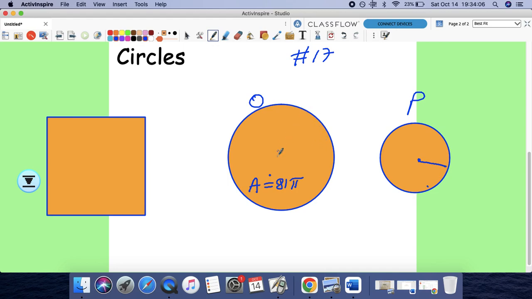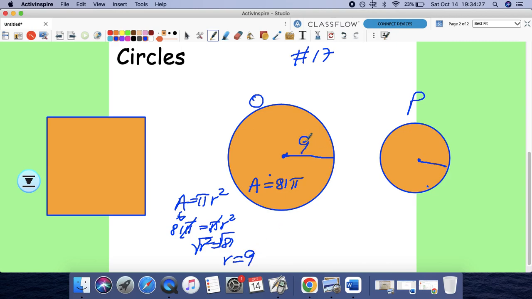Okay, so first of all, let's find the radius of circle O. I don't know the radius. Well, I can use A equals pi r squared. Let's substitute. A is 81 pi equals pi r squared. Take that away. R squared equals 81. Square root of both, r equals plus or minus 9, or just 9. So this is 9.